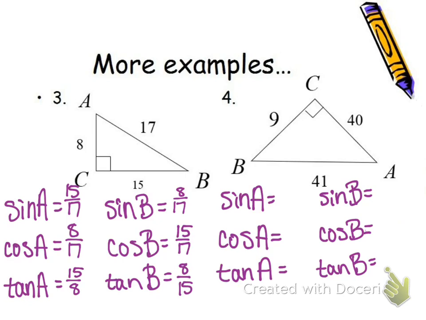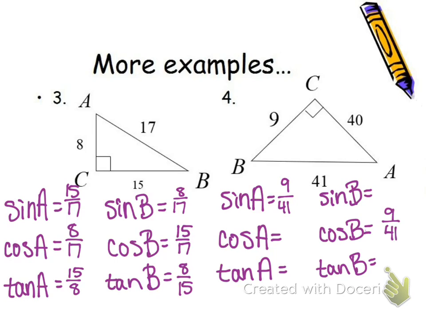What side is opposite A? 9. Over the hypotenuse is 41. The sine of A is the same as which other function? Cosine of B.